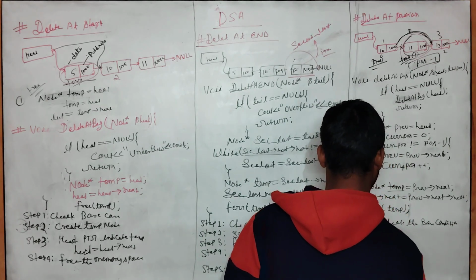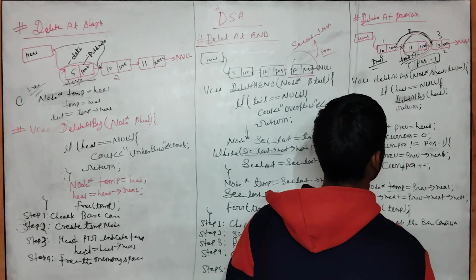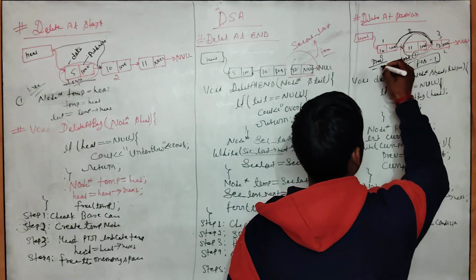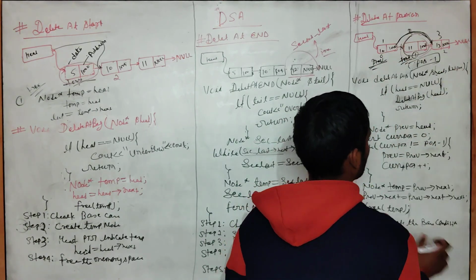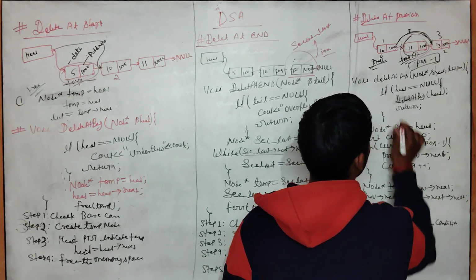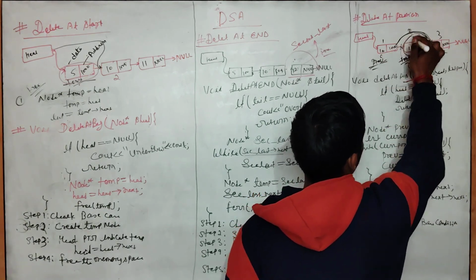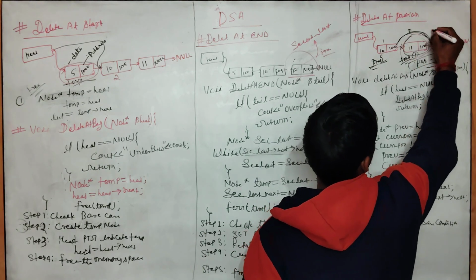Step 2, create one previous node, one prev node. Prev is equal to prev of next. Here it denotes the prev of next.